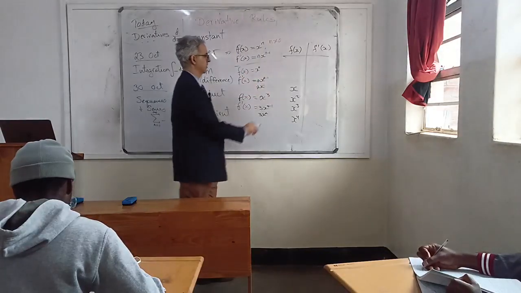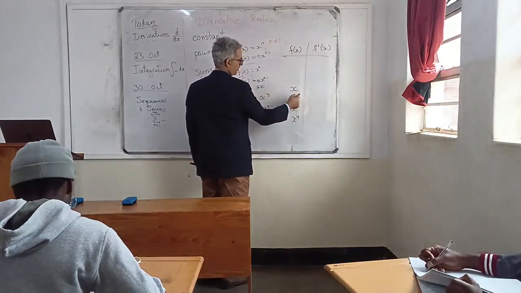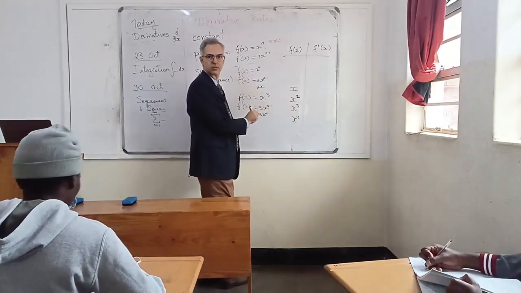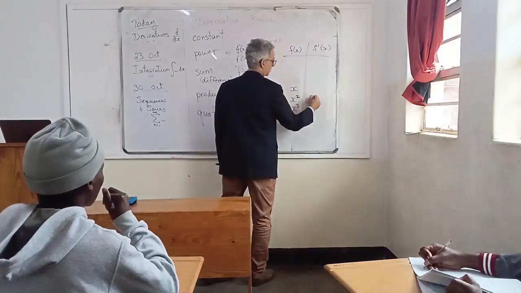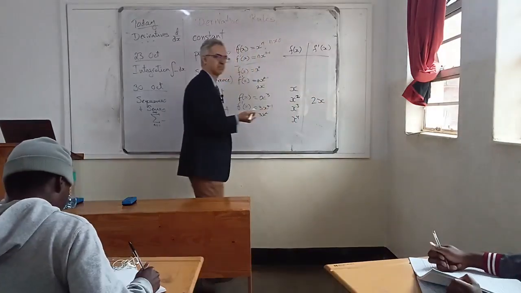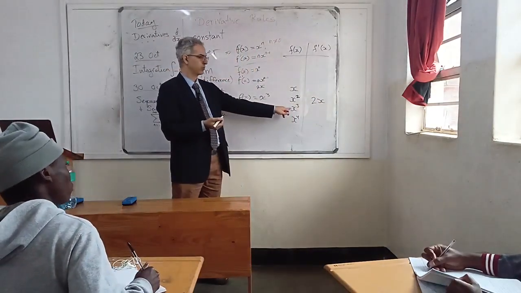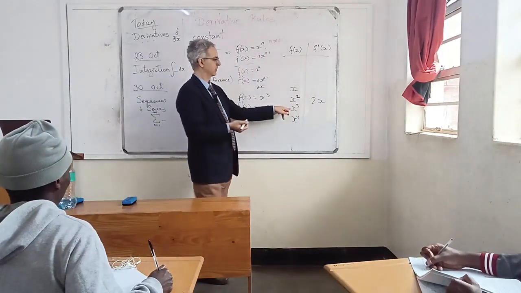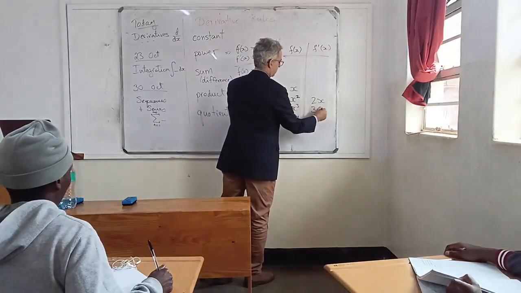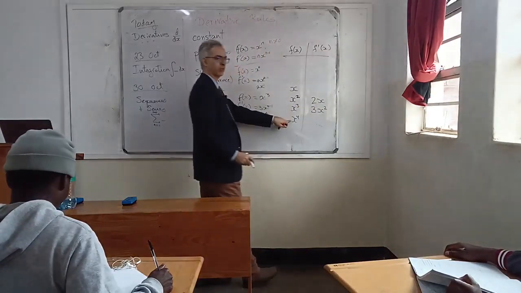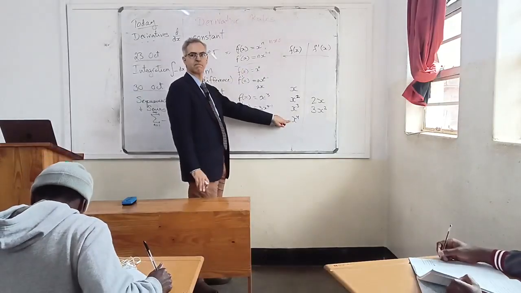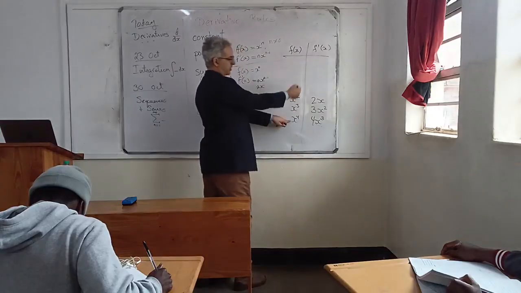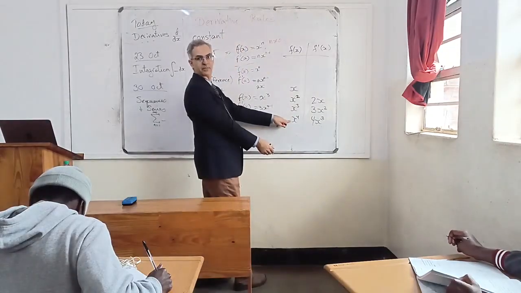We know that you take the 2, you multiply in front, and you reduce this by 1. So 2 minus 1 is 1. So this is 2x. Fine. x cubed, what do we do? 3x squared. What about for x to the 4th? Okay. And we can see how the pattern will go, right?